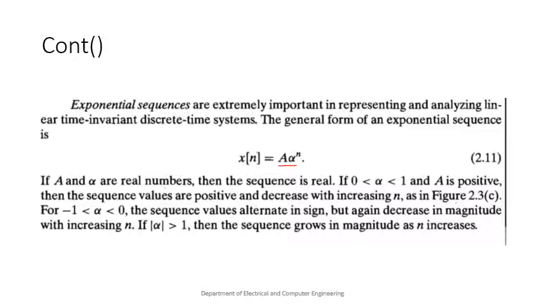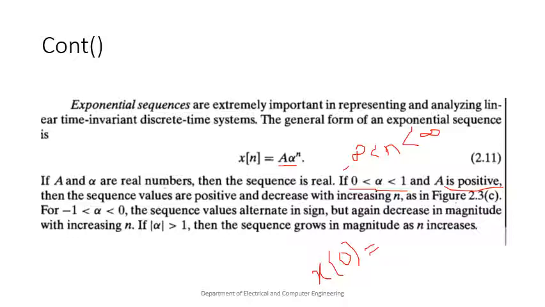We know that n ranges from minus infinity to infinity. Everything now depends on the value of alpha. For example, if alpha is between 0 and 1 and A is positive, we can check x of 0, meaning that n is 0.